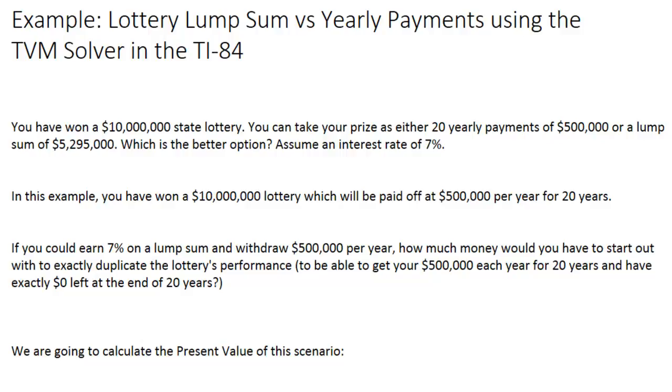If you could earn 7% on a lump sum and withdraw $500,000 per year, how much money would you have to start out with to exactly duplicate the lottery's performance?